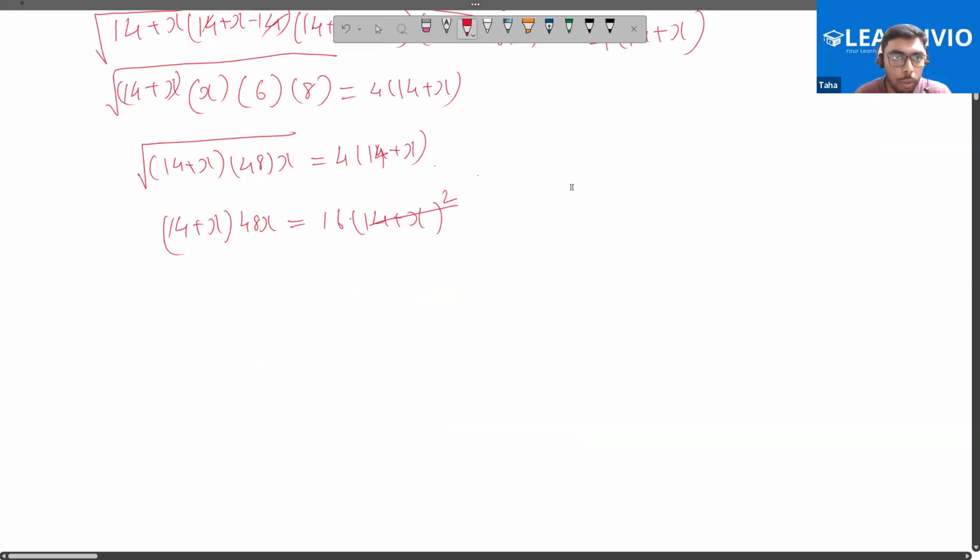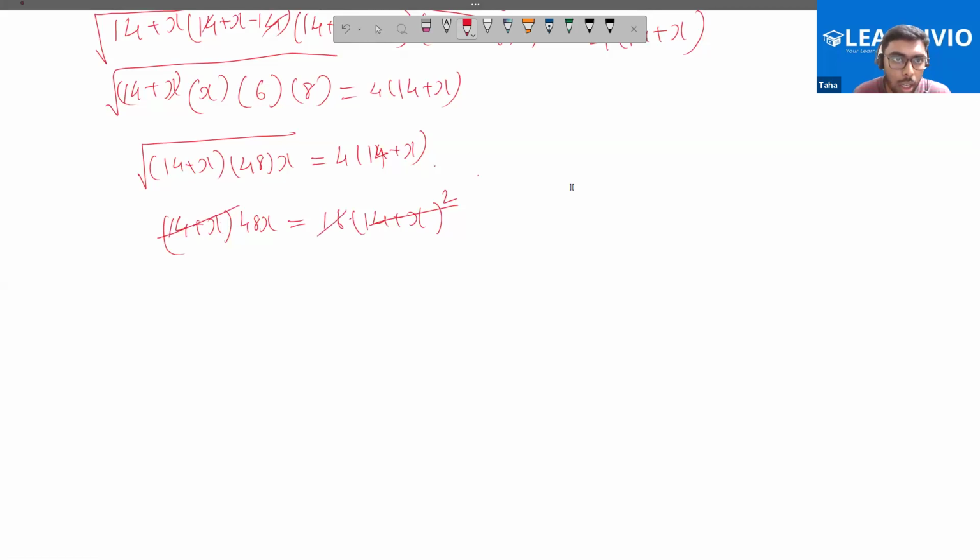We can cancel out this 14 plus X and this 14 plus X, and with this 16, can we do something? 16 threes are 48. So this would be 3X, and this would leave you with 14 plus X. This would give you 3X is equal to 14 plus X, 2X is equal to 14, X is equal to 7.